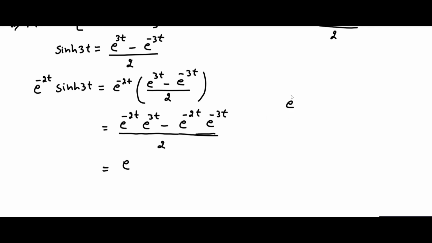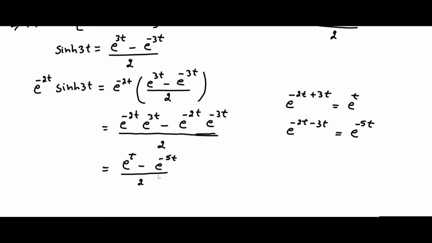Therefore, e power of minus 2t plus 3t, which will be e power of t, minus, here also the bases are the same, so powers can be added: e power of minus 2t minus 3t will be minus 5t. So we get e power of t minus e power of minus 5t, whole divided by 2.